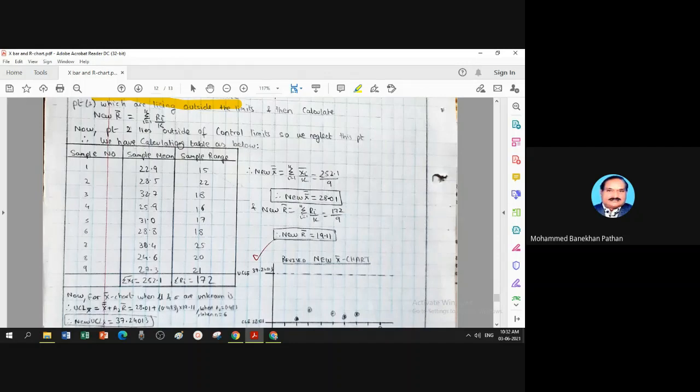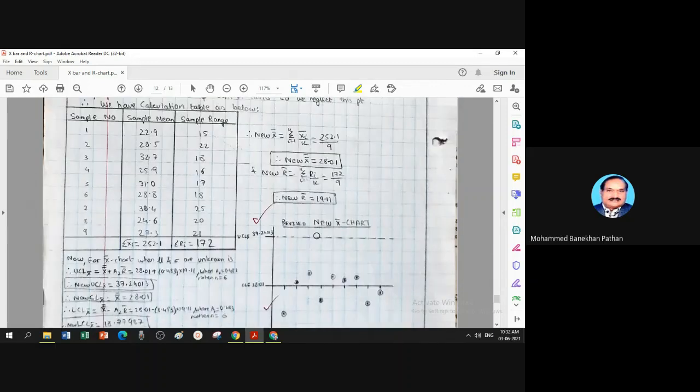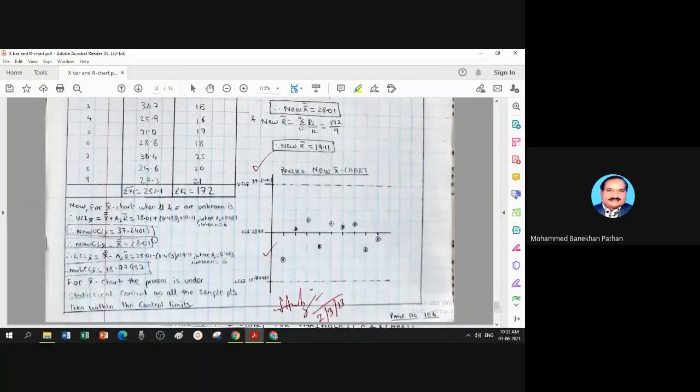So we have the calculation table as below, from 1 to 9 by dropping the second, with new X bar and new range, and then control limits for the X bar chart based on 9 samples, and control limits for the R chart based on 9 samples. So these limits are suggested for the future.